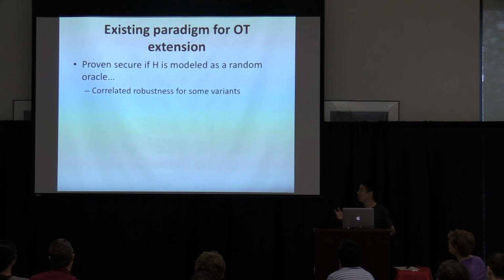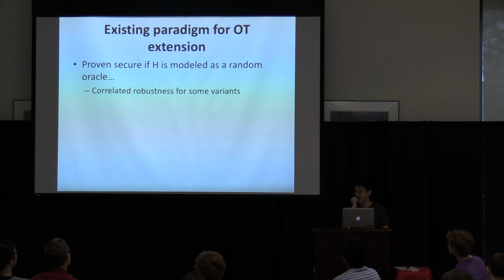So now it's a problem of how to instantiate that H function that we need to use. If we instantiate H as a random oracle, everything works perfectly, and the proof works very easily.